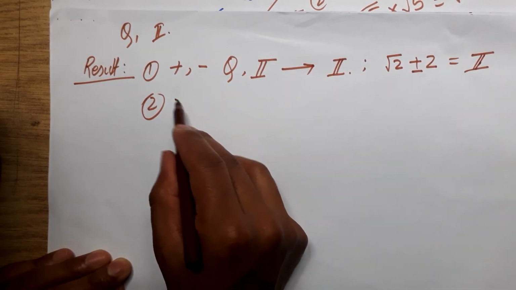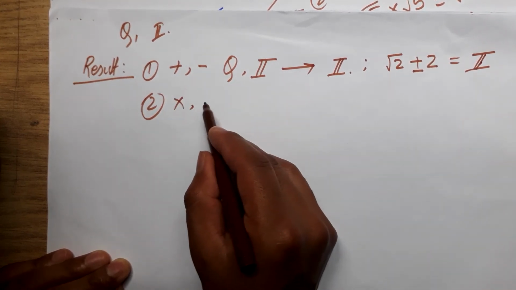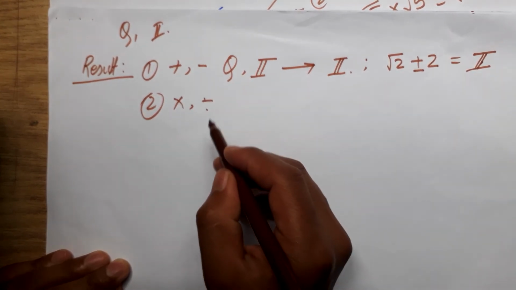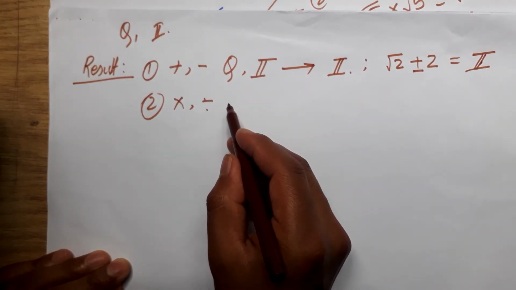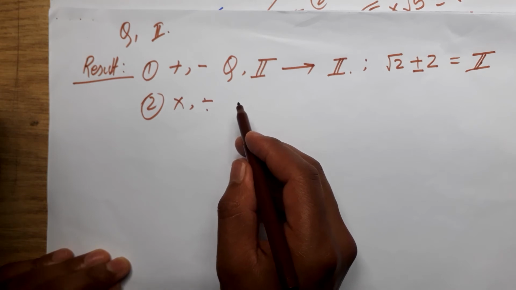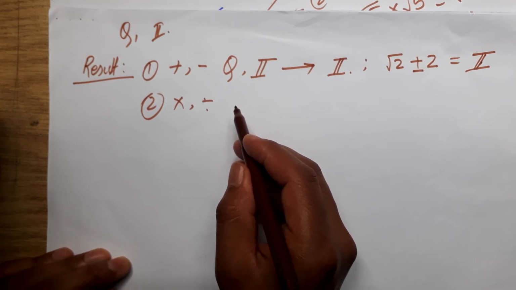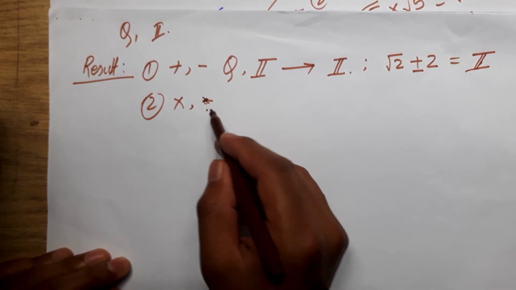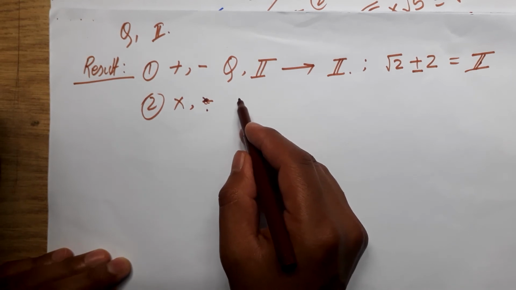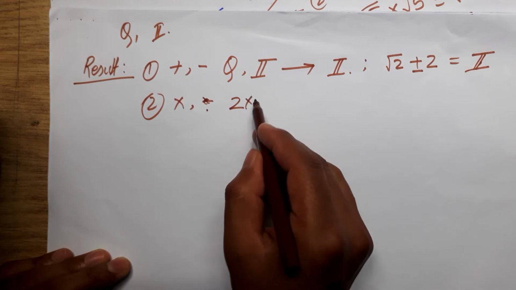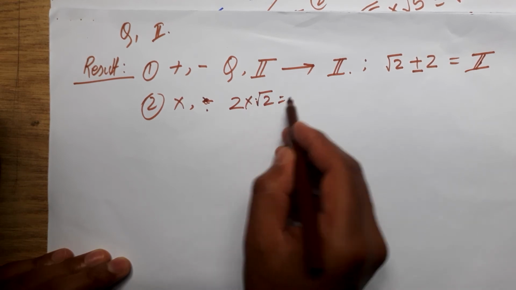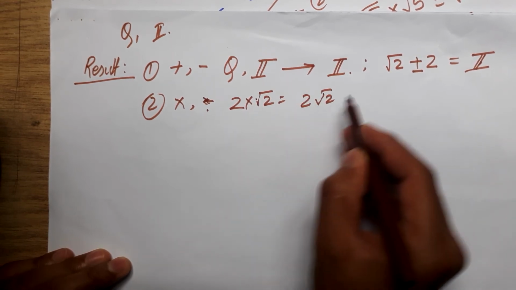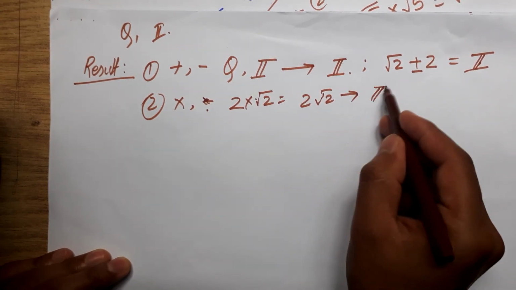The next is that the product or quotient of a non-zero rational number with an irrational number is irrational. That means when we multiply a rational number with an irrational, 2 into root 2 equals 2 root 2 is again an irrational number.